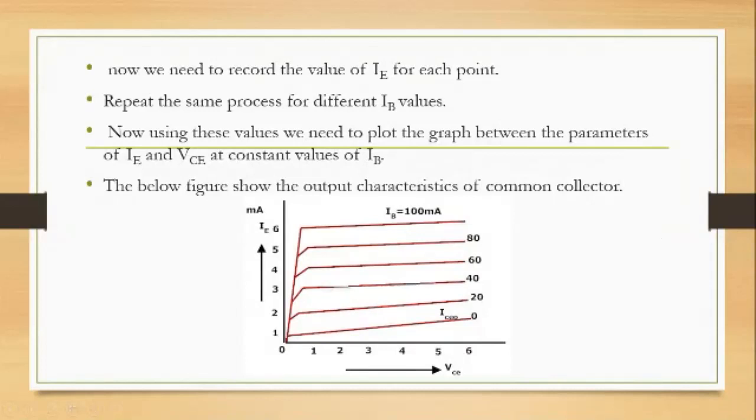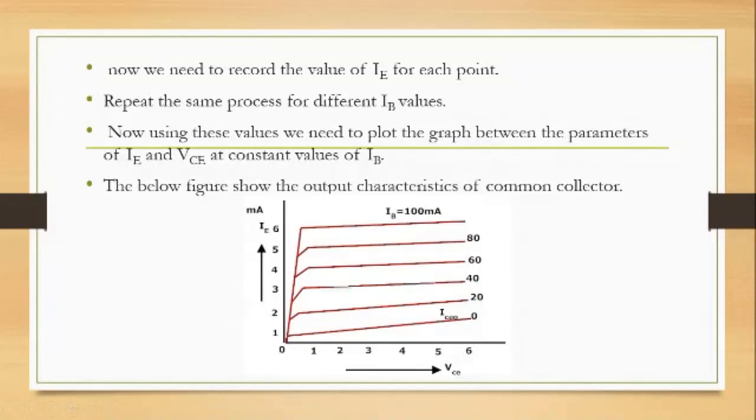Okay, in this characteristic, as I already explained, IB is constant: 0 microamps, 20 microamps. Put the 0 constant. After that, the VC value is varied, 1 volt, 2 volts, 3 volts, increasing linearly. According to these readings, you will note down the IE current in milliamps. Next, put 20 constant, and the VC value is varied, 1 volt, 2 volts.